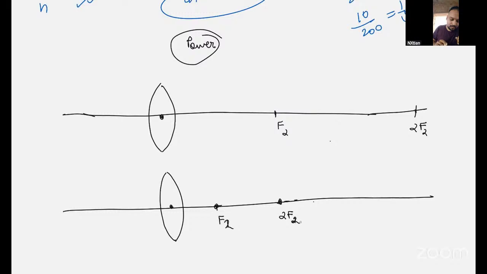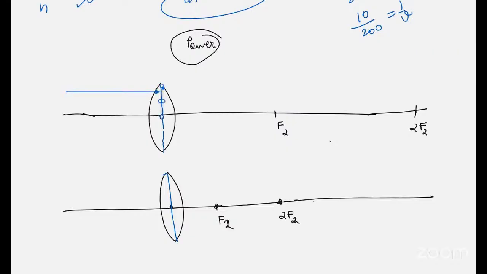Listen, guys, what is the first rule of the lens? If a line is parallel to the principal axis, it will go through focus. Yes, sir.